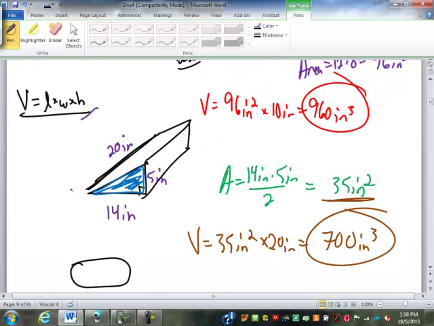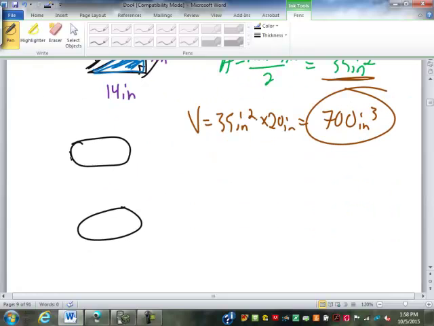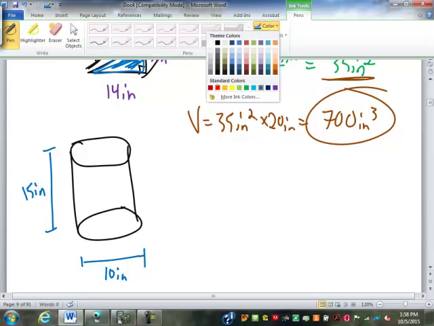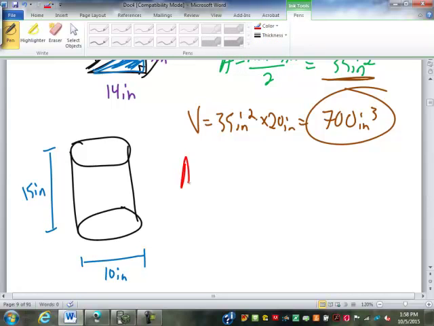This length right here. So pretend those are circles and that this actually looks like it might be a cylinder. We don't need a separate formula for finding the volume of a cylinder, because that same formula does apply. We can find the area of the base. This is a cylinder, it's got a circle for a base, so pi is going to be involved.